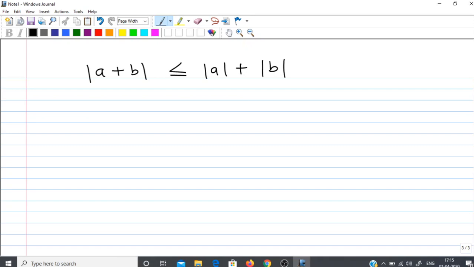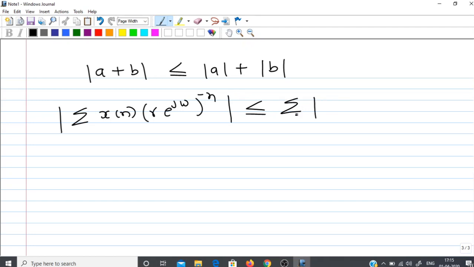And therefore what we can conclude from this triangle inequality is that the mod of the summation of x[n] (r e to the power j omega) to the power minus n would be less than or equal to the summation, where the mod now goes inside, of the mod of x[n] (r e to the power j omega) to the power minus n.